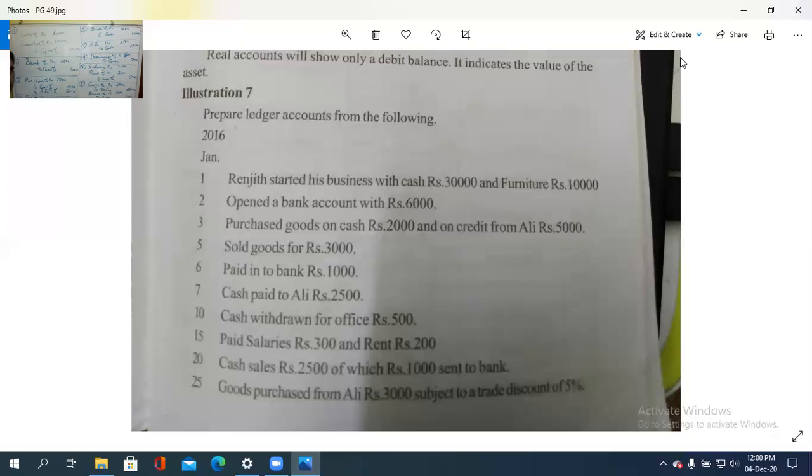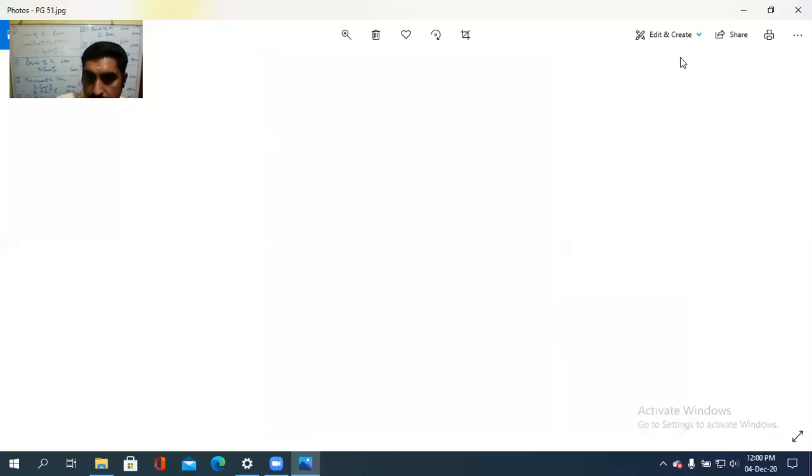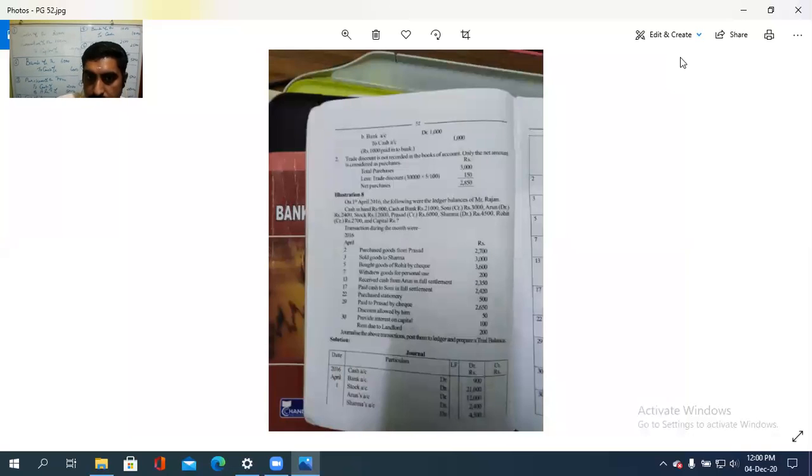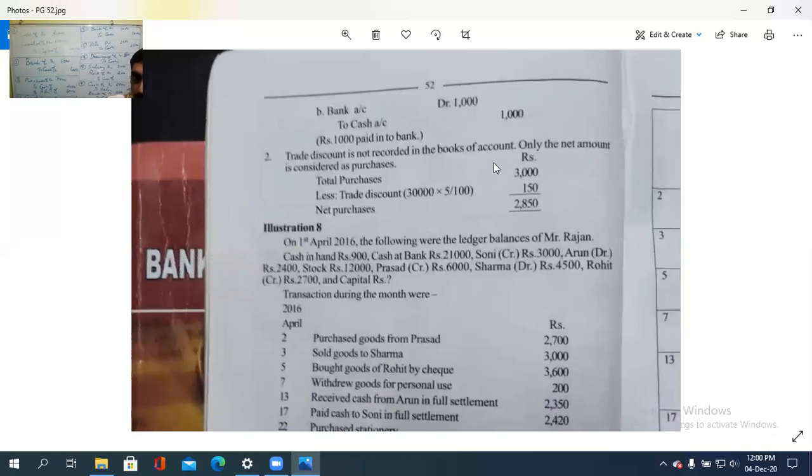And the last case: goods purchased from Ali rupees 3,000 subject to a trade discount of 5%. So 5% trade discount, how much is it? 150, isn't it? So the total trade discount is 150, and 2,850 we need to pass as the net purchase.